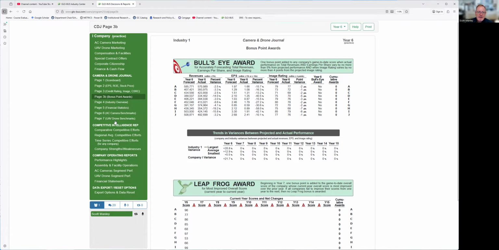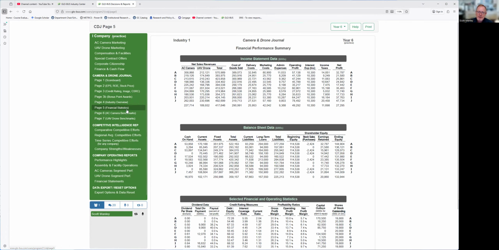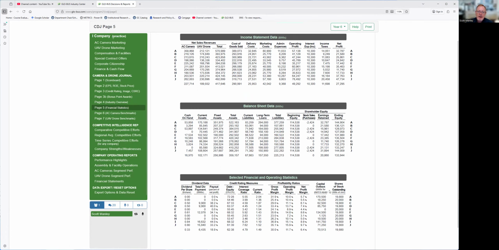So finally, just to put a finer point on things, you can take a look at financial statistics. If you go down here to the balance sheet, you see that I had $0 in ending cash. I had projected to have about $10, $12 million in ending cash, and I missed my projections so badly that I wound up actually with a negative cash balance.